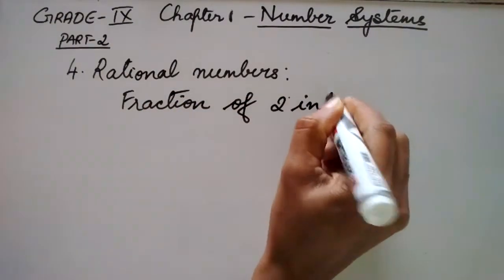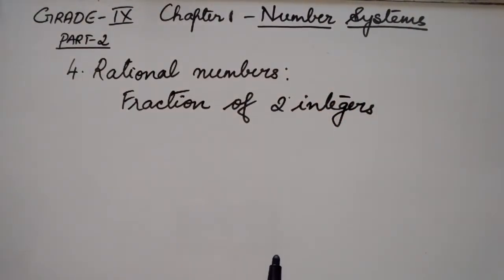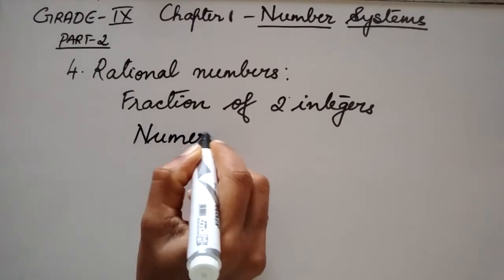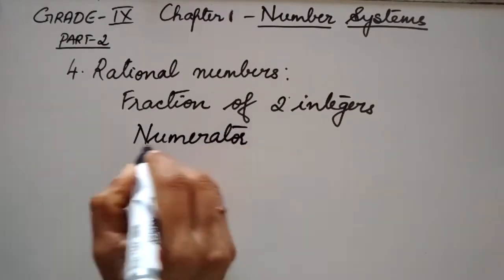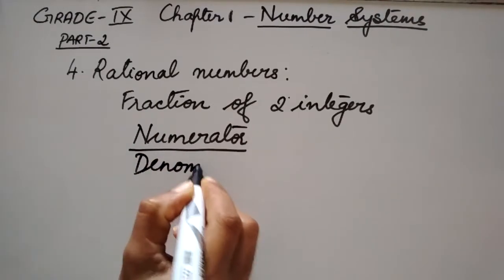The way of depicting a rational number is of the form numerator by denominator.